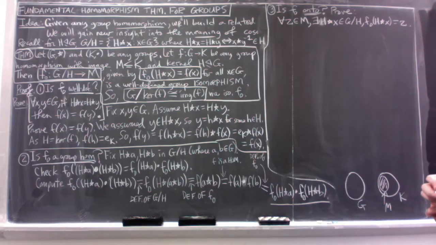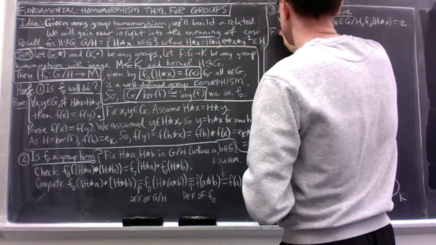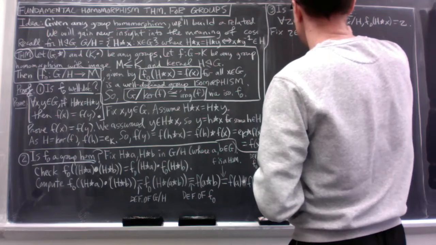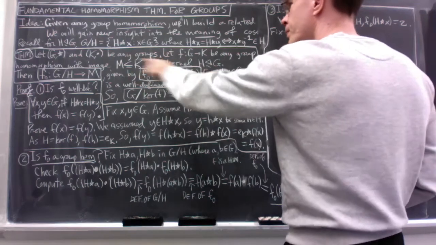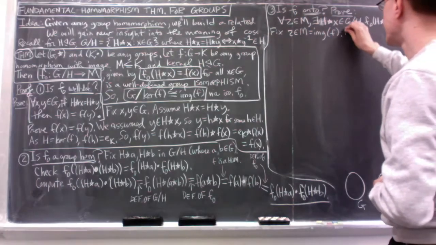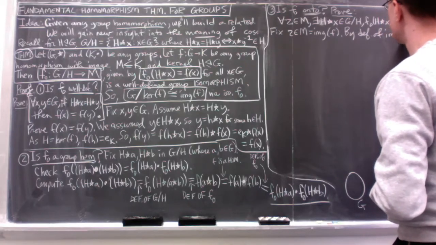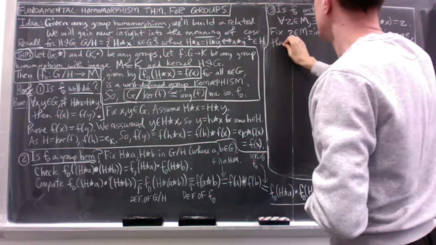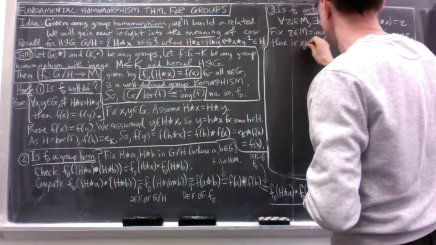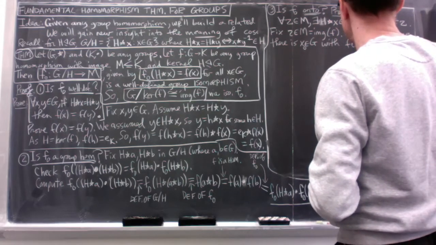Spelling out the definition of onto. So, we can fix an arbitrary z in M, which, recall, is the image of the original f. And what's the image? It's the set of all function values. So by definition of image, there is an x in G, maybe call it x naught if you want, an x naught in G, where f of x naught is z.